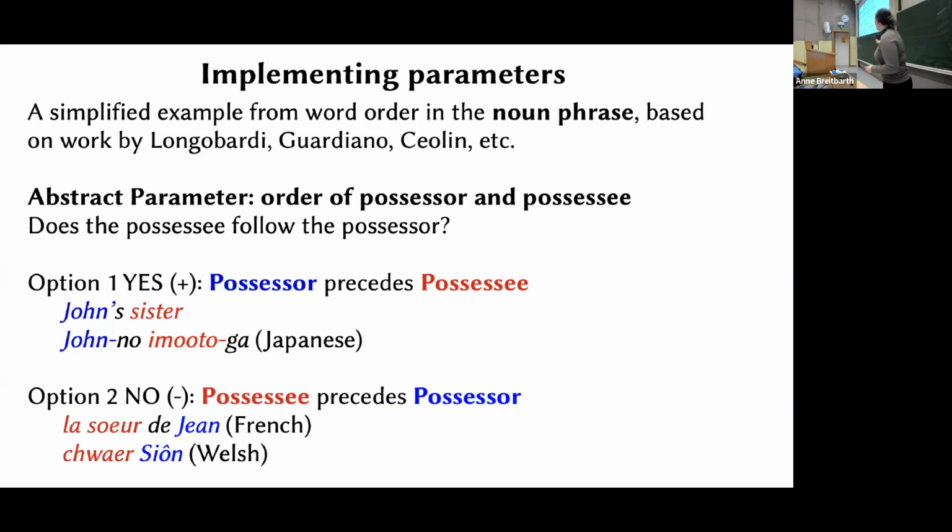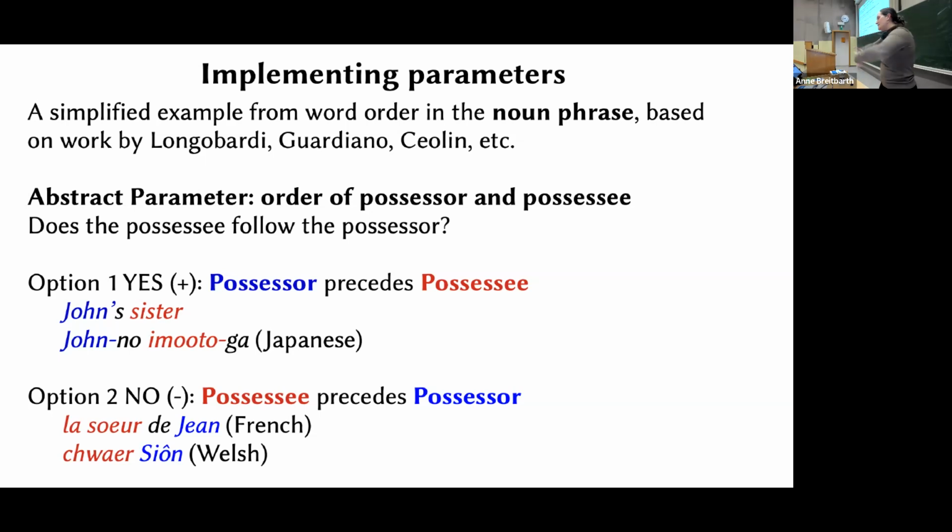It's either yes or no. The first option, for instance, would be a language like English, where you have John's sister, where you have the possessor first, or Japanese, John no imoto ga. And then the other option, the no option, would be the possessee precedes the possessor. So this would be la sœur de Jean, or Welsh chwaer Siân, etc. So you have a yes/no option.